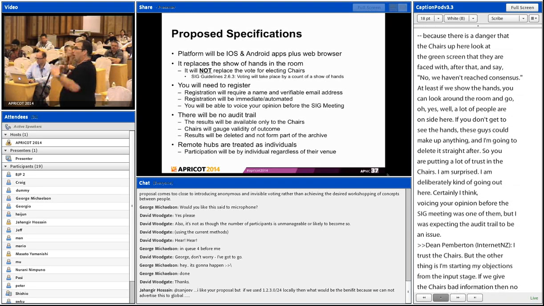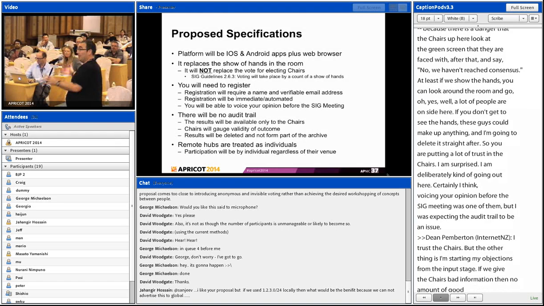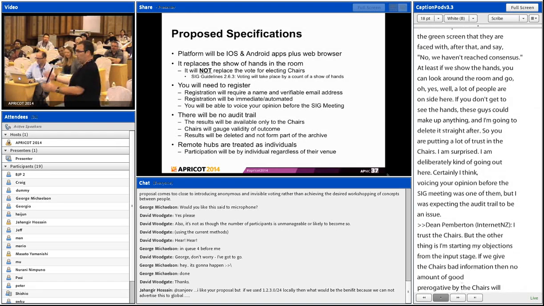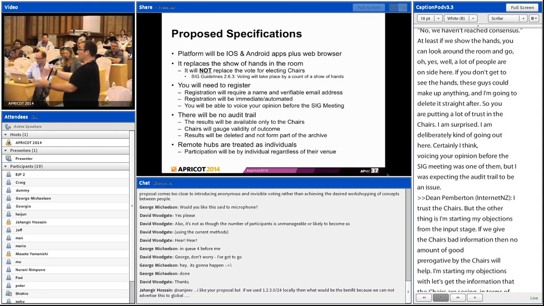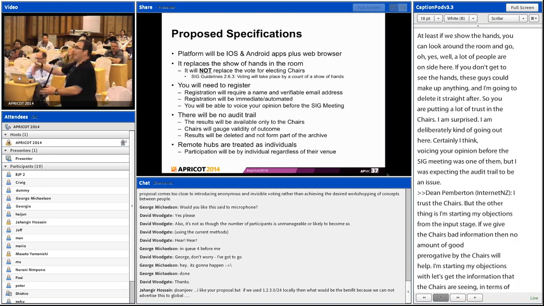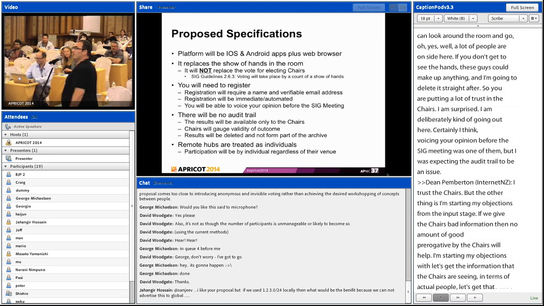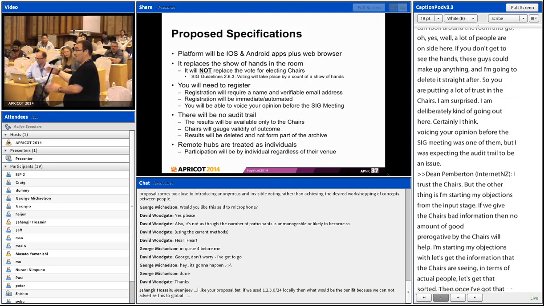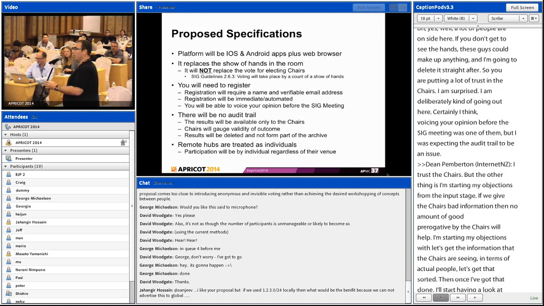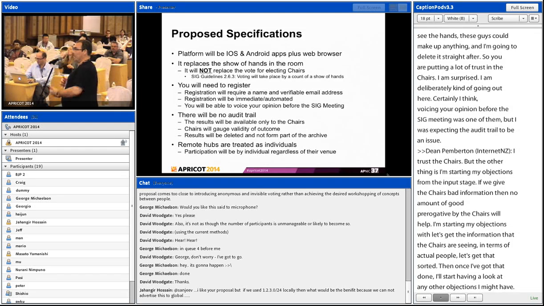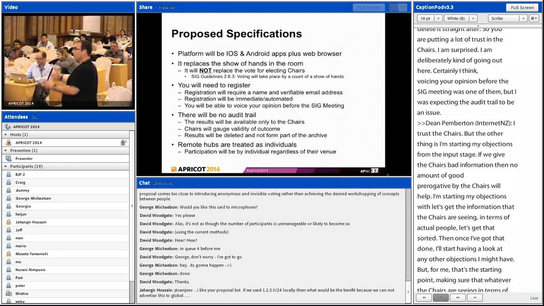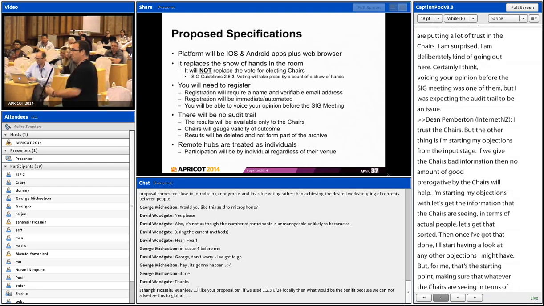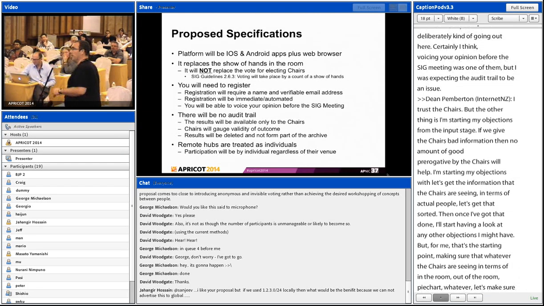So let's get the information that the chairs are seeing, in terms of actual people, sorted. Then I'll start looking at any other objections. Whatever the chairs are seeing, in the room, out of the room, pie chart, whatever, let's make sure it's as accurate and representative as we can get it. That's where I'm starting.